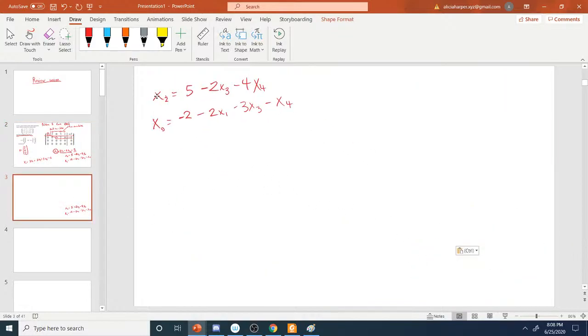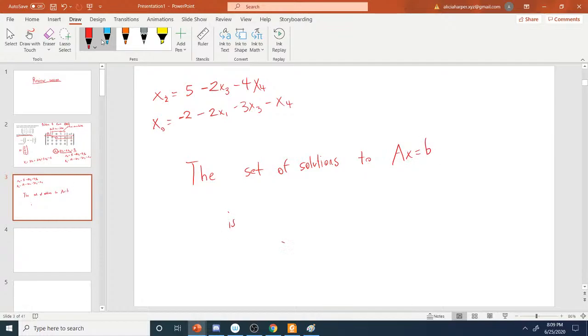Here's what I mean. The set of solutions to AX equals B is the set of vectors where the first component, x0, will be negative 2 minus 2x1 minus 3x3 minus x4.